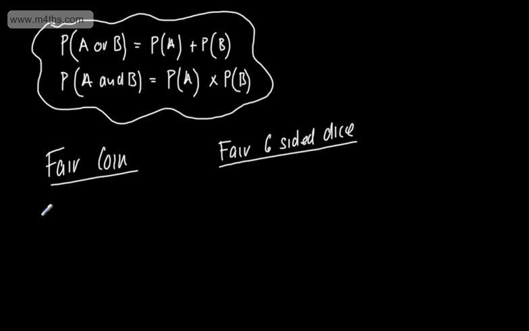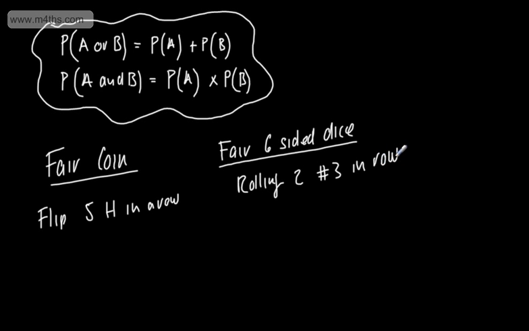We're going to be asked if we want to take flipping, five heads in a row. And on this one, rolling, two number 3s in a row. So which would you take to save your life?